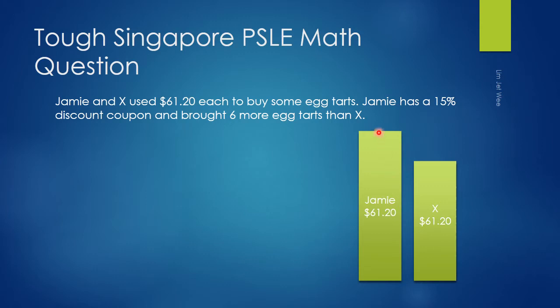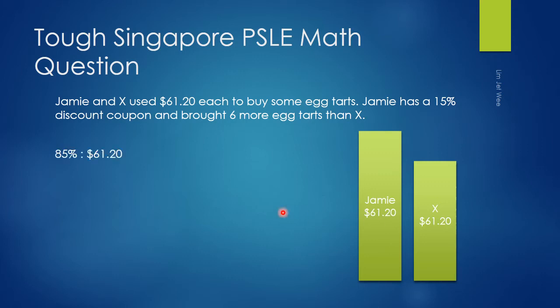I visualize that these are the egg tarts purchased, but Jamie purchased more egg tarts. I do know that Jamie purchased 6 more egg tarts than X, and the reason is that Jamie has a 15% discount coupon. So basically Jamie gets to buy more with the same amount of money.